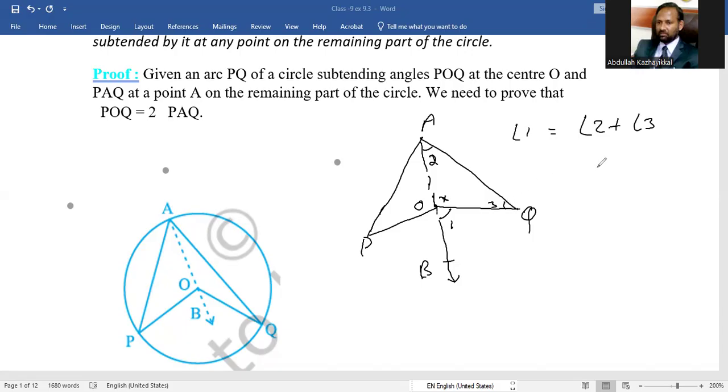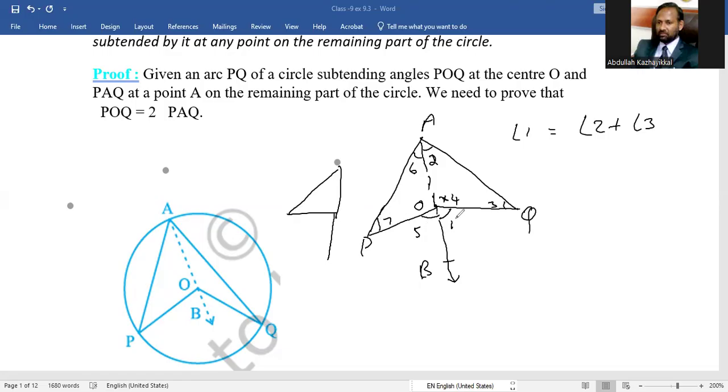Again, I am taking this triangle. You can see this side. Second, I am taking this triangle. Here you can see one triangle, and this is the exterior angle. Here I am giving a name to this exterior angle. Suppose this is 4, this is 5, 6, 7.